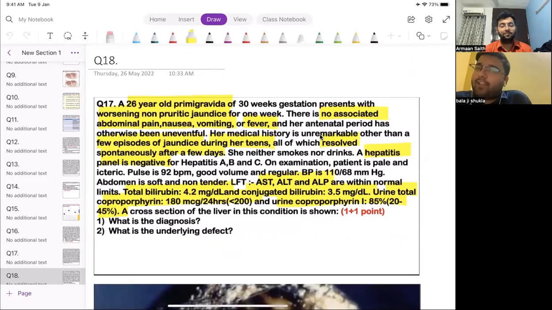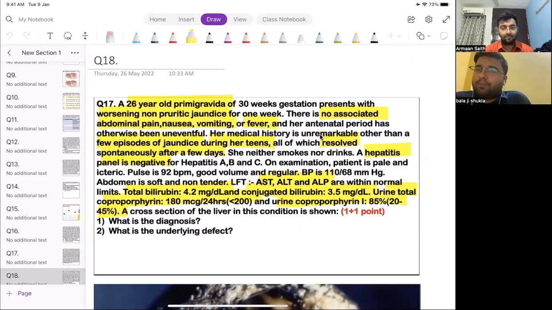Now, we again have a case scenario: a 26-year-old primigravida of 30-week gestation presenting with worsening non-pruritic jaundice for 1 week. There is no associated abdominal pain, nausea, vomiting, or fever, ruling out any hepatic pathology.